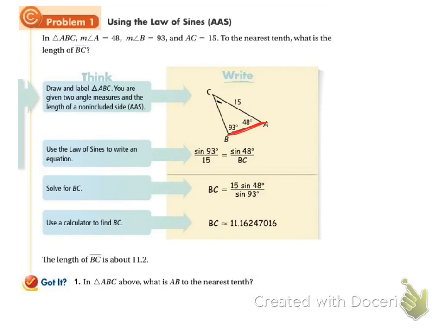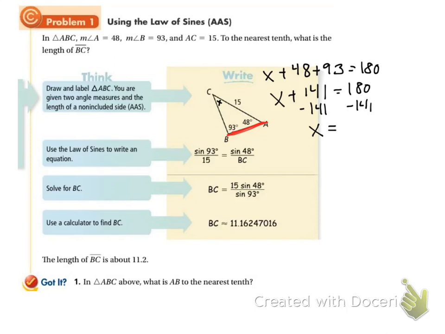So we'll call it x. x plus 48 plus 93 equals 180. 48 plus 93 gives us 141, and we'll subtract 141 from both sides. So x is equal to 39 degrees.